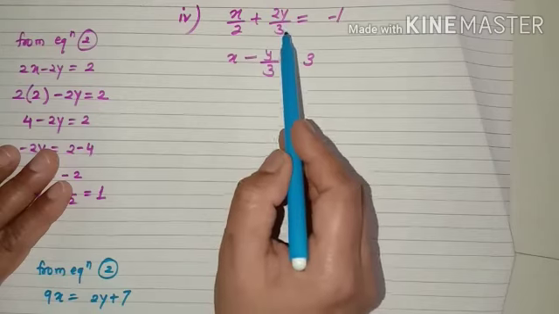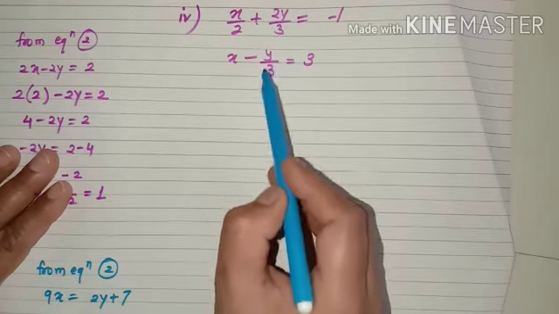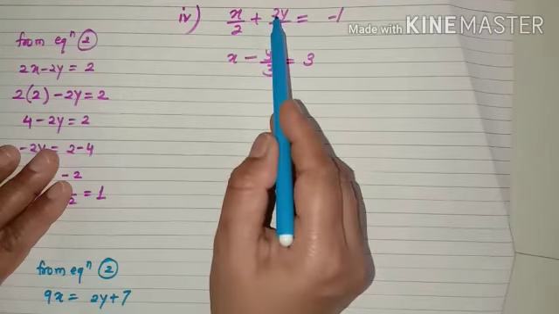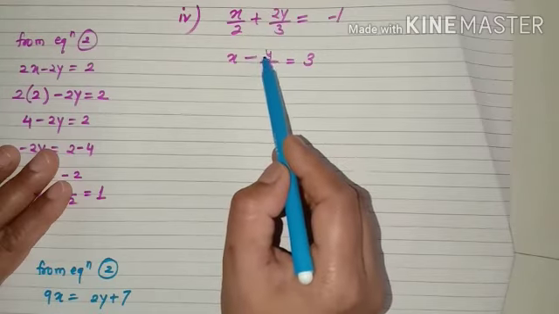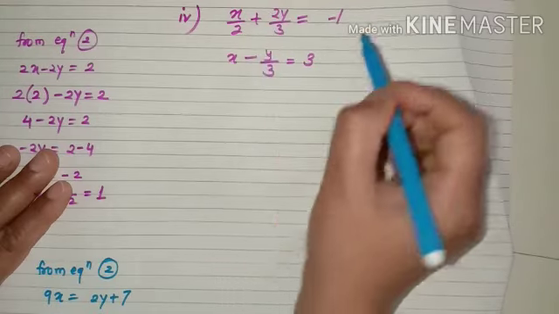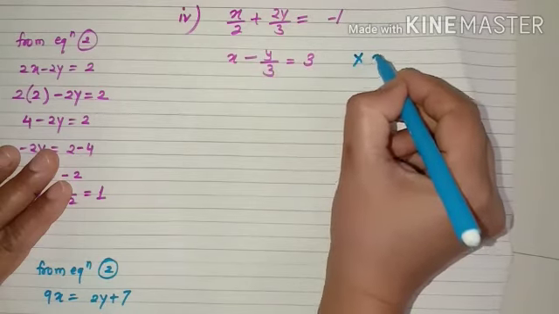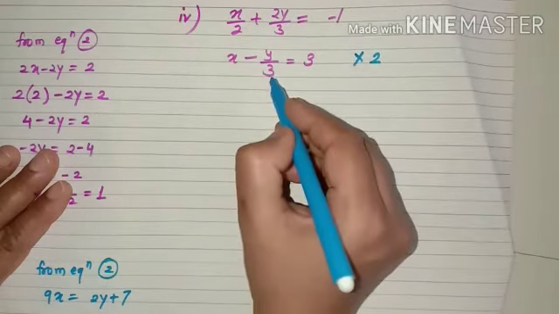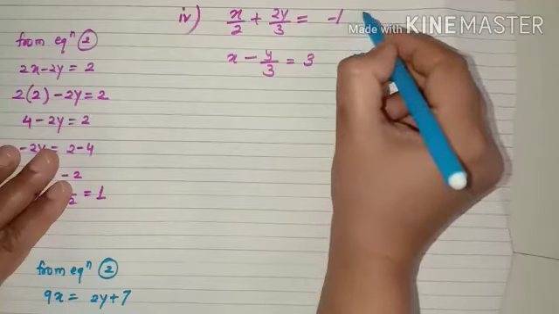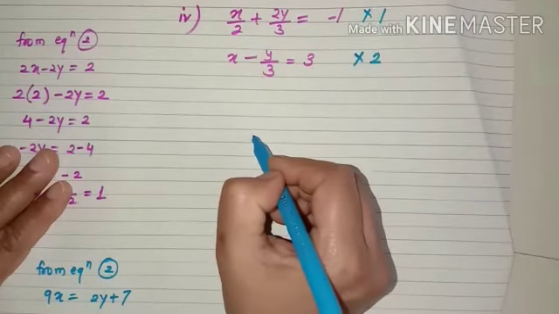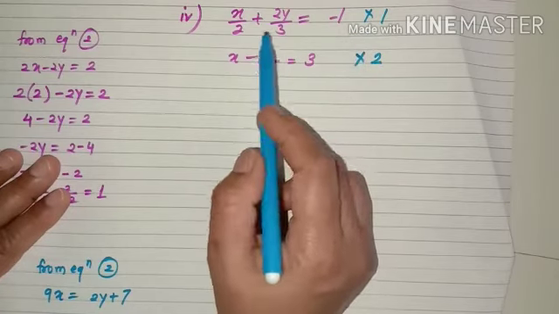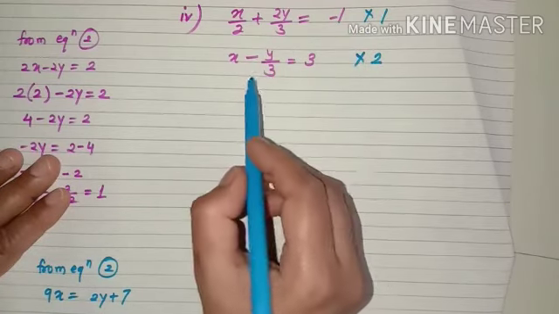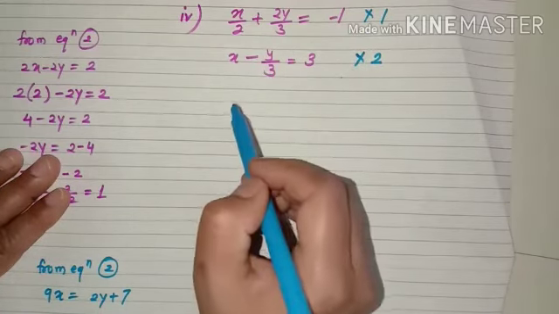So student, if you see here, in both the equations the denominator of y is 3, and in the numerator in the first equation with y is 2 and here with y is 1. So if we multiply the second equation by 2, we will get the same coefficient. So we are multiplying here the first equation by 1 because we want the same equation as it is, and the second equation by 2.